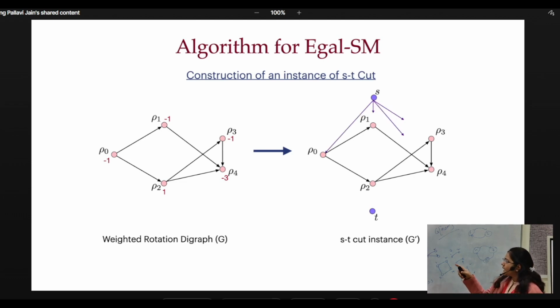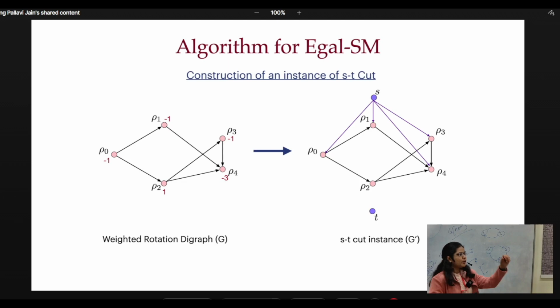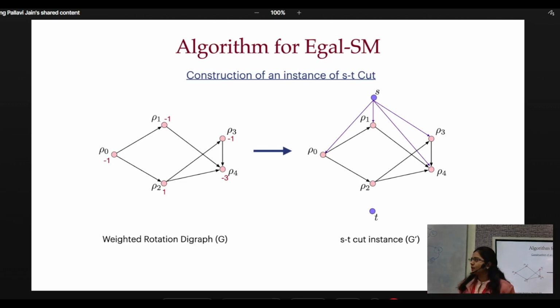Now look at the negative weight nodes. You draw an edge from S to all those negative nodes. On the left-hand side, rho 0, rho 1, rho 3, rho 4 are negative nodes, so from S I add an edge to all of these. There is only one positive node, rho 2. From the positive nodes we add an arc to T. That is all.